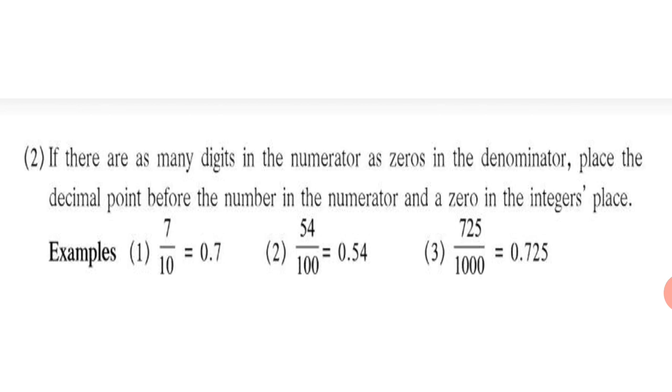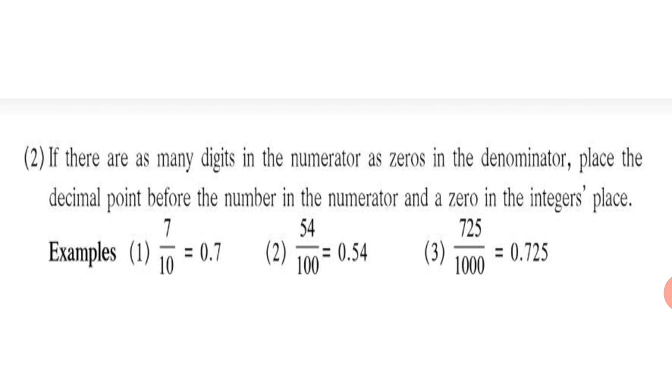Third example, 725 upon 1000. Again you will see 3 digits in the numerator and 3 zeros in the denominator. So counting 3 digits, we have to place a point and there is no number left, so we write a 0 before it. So 0.725 is your final answer when you convert the common fraction 725 upon 1000 into its decimal fraction.